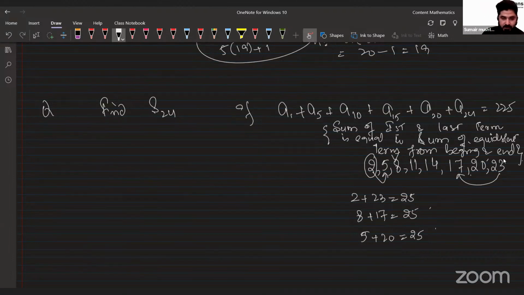Clear? Okay. Now how will that help me here? If you see, the first term is this, the last term is this, isn't it? So I will say the first term plus the last term.